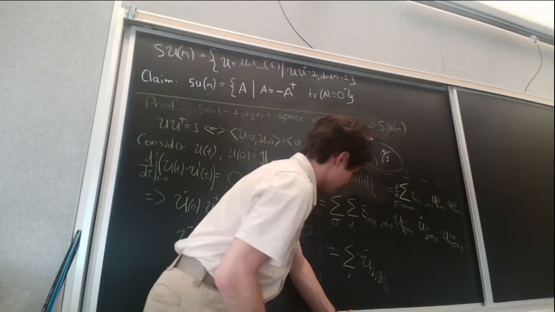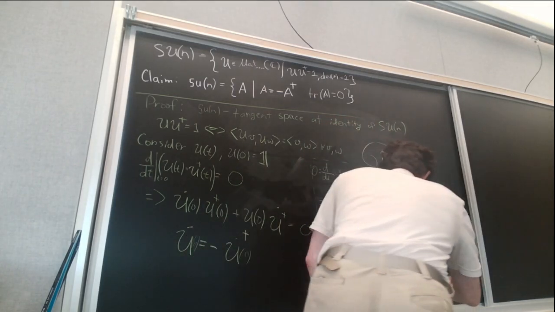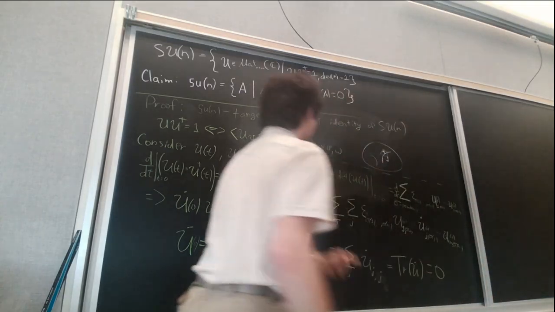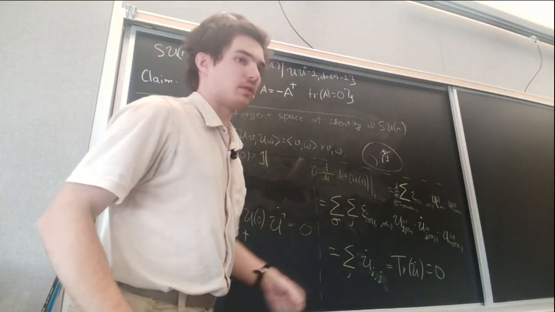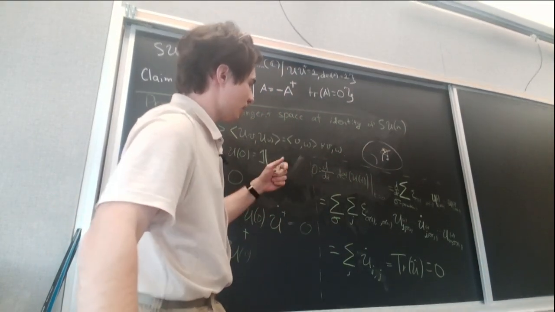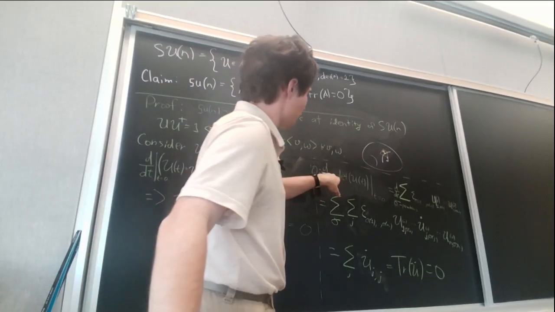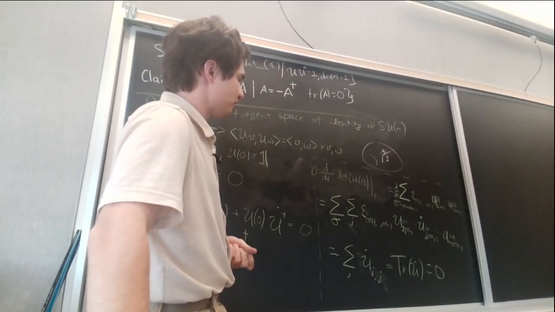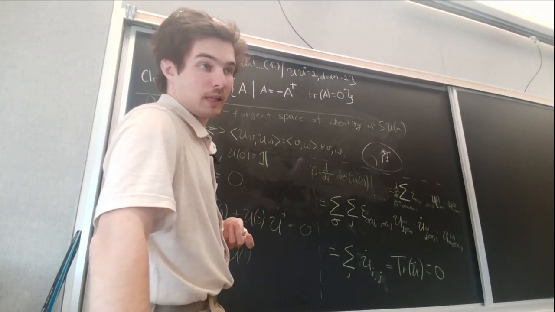But that's just the trace of u dot. And we know that has to be 0 because this has to be constant. But this is useful: we've computed that this derivative in general is the trace of the derivative of the matrix. Useful formula.